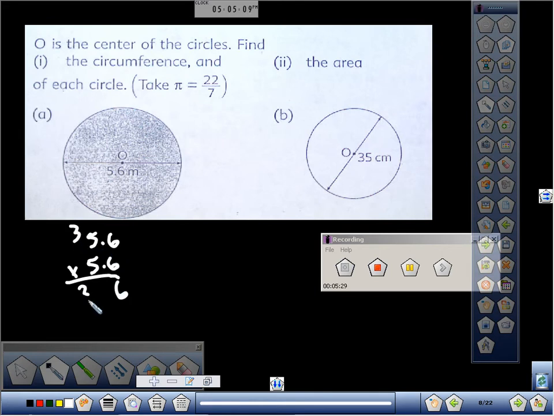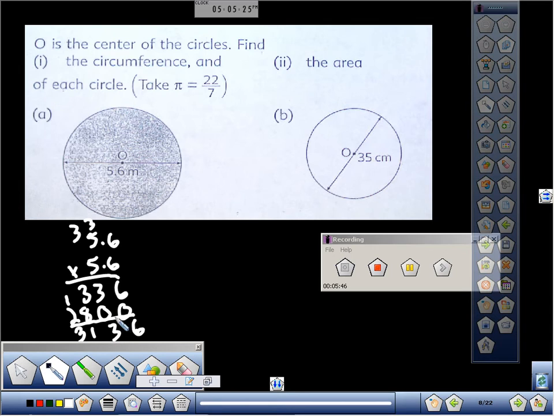Plus 3 is 33. Put a 0. 5 times 6 is 30. 0. Carry the 3. 5 times 5 is 25. 28. Then we get 6, 3, 8, 9, 10, 11. 1. Carry the 1. 3. So we get 31 and 36 hundredths.